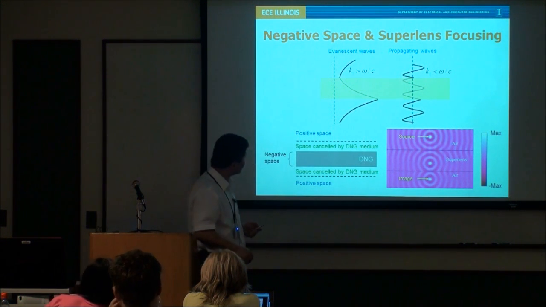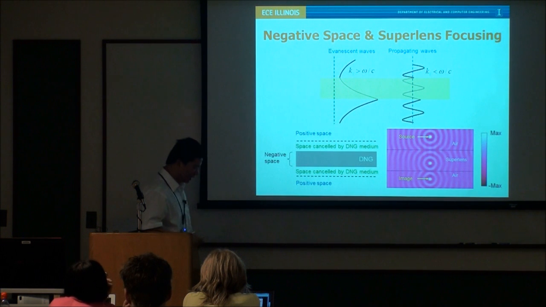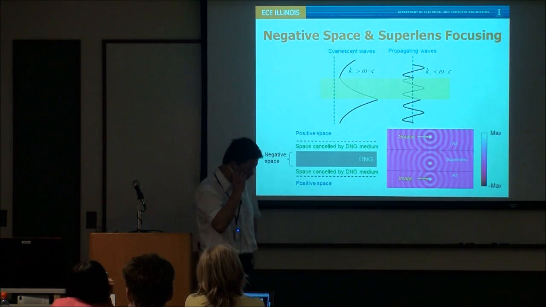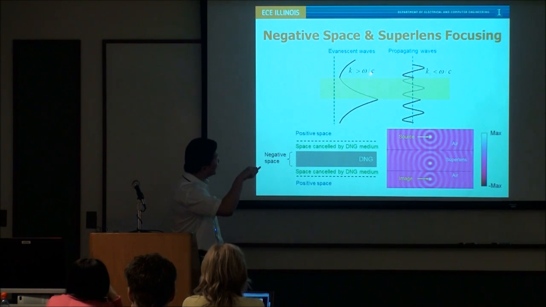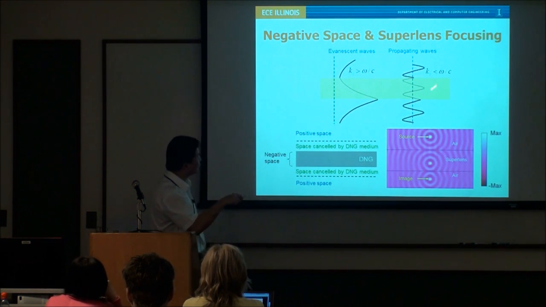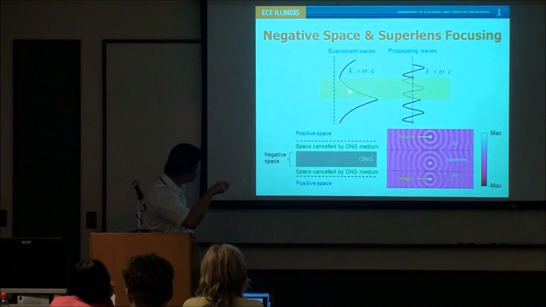So here is showing you what is happening in the actual materials. When you have a K vector, which is spatial frequency or wave number or wave vector, larger than omega over c, this is for the natural materials, and you will see an evanescent wave in that material, or a decaying wave.